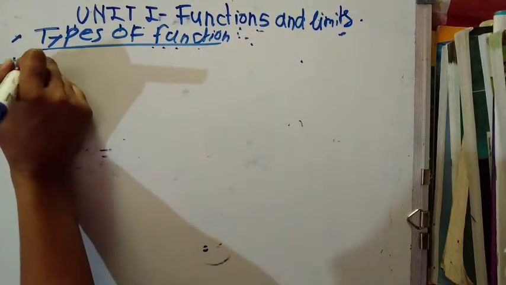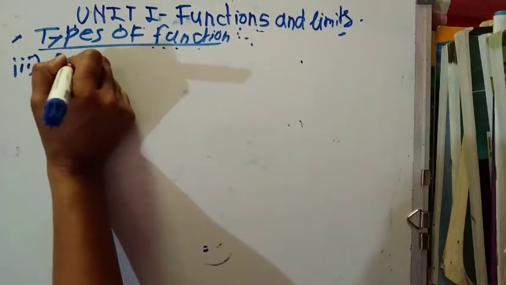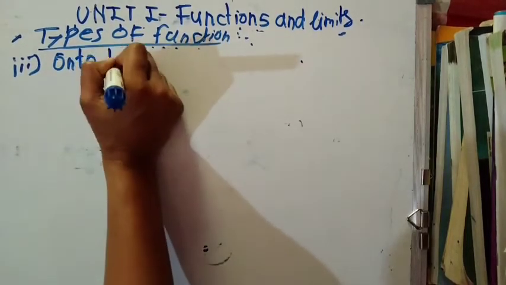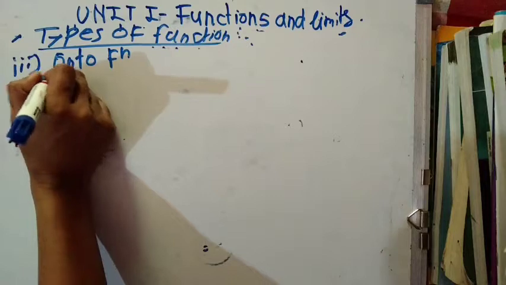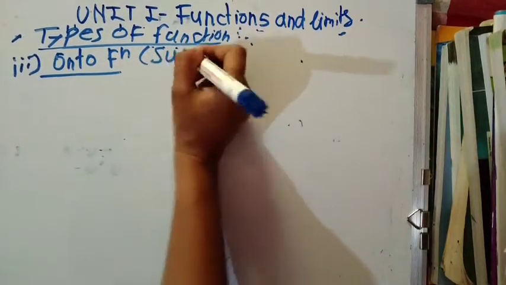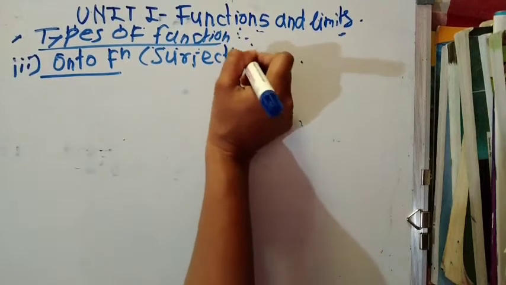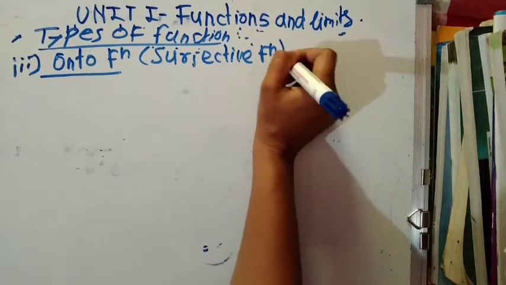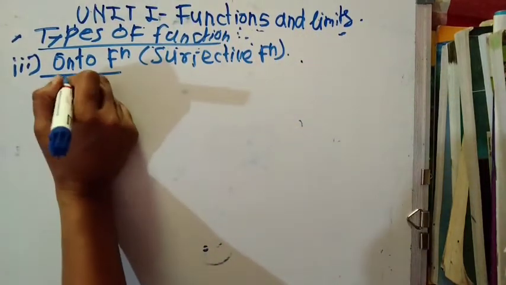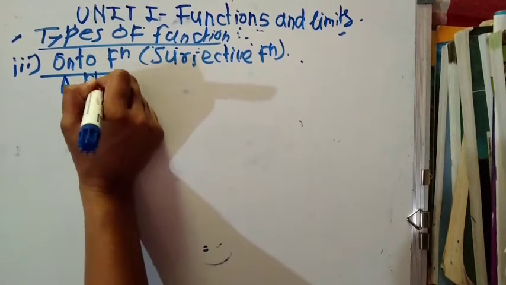Then third is onto function. Onto function is also called surjective function. What is meant by surjective function?